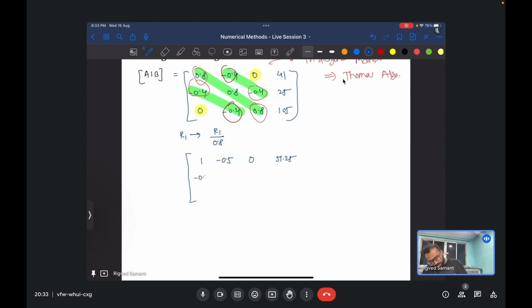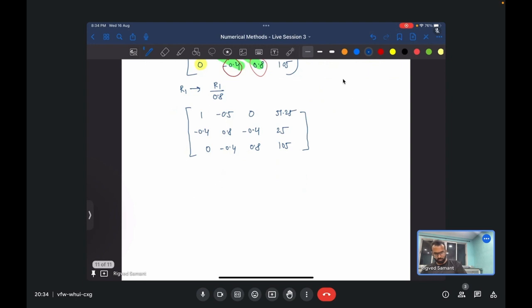This row will remain the same. Now, using this 1, you will make this 0.